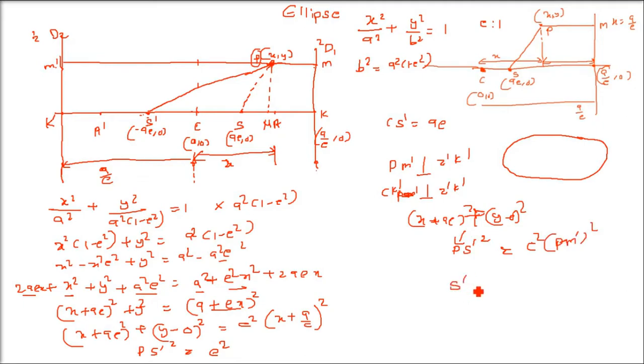So let me write S dash P, and I'm taking both sides under root. S dash P equals e times P M dash. That is, S dash P by P M dash equals e is to 1. That is the distance of P from S dash equals e into the distance of P, the point on the locus, from Z dash K dash.